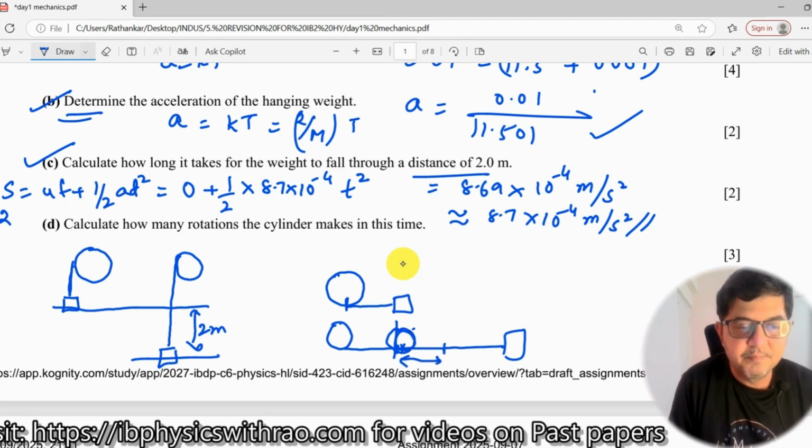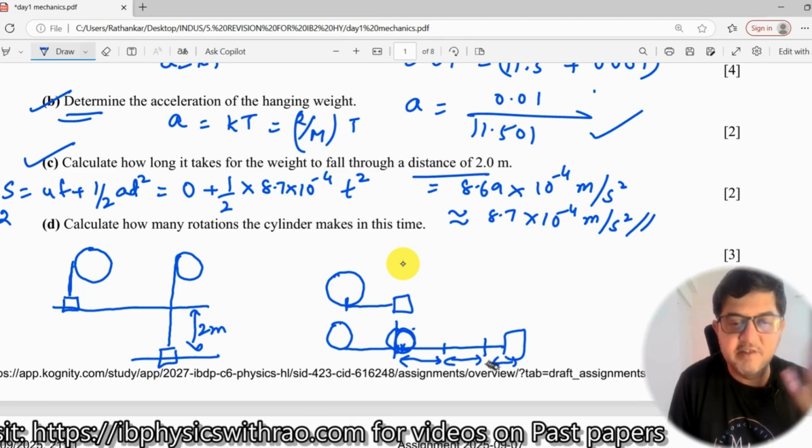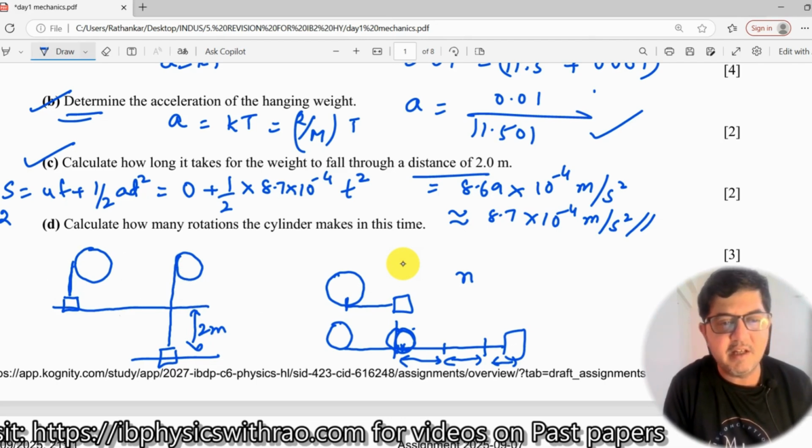From here to here, there would be 2 revolutions. Here to here, I do not know how many revolutions. Okay, let me take some value. Okay, 3 revolutions, 4 revolutions. I have just given some example over here. So let me assume when I roll this pulley like this, I would have achieved this complete path, which means if I had rolled this pulley n times, I would have come to this point, right? Instead of showing it vertically, I am showing it horizontally over here.